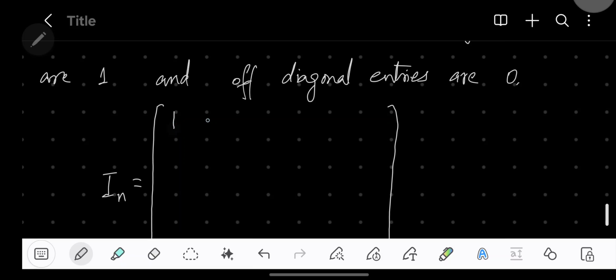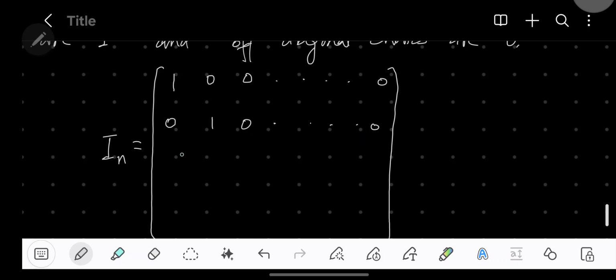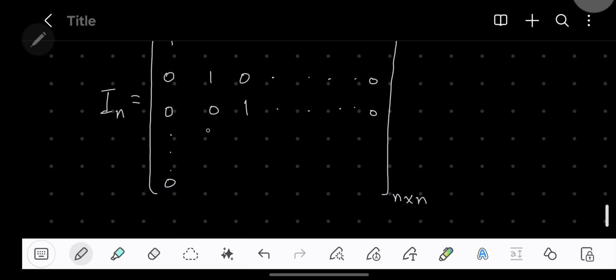So I will write 1, 0, 0 and so on up to 0. Again 0, 1, 0 and so on up to 0. And 0, 0, 1 and so on up to 0. Similarly 0, 0, 0 and so on up to 1.